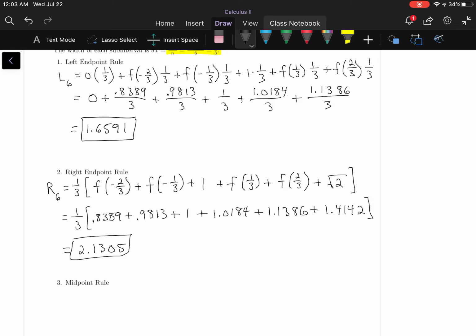So we know, based on our sketches, that the true answer is somewhere between those two values, 1.6591 and 2.1305. So then you might say, well, instead of doing left or right endpoint, what if you did a midpoint? Maybe that's a little better.